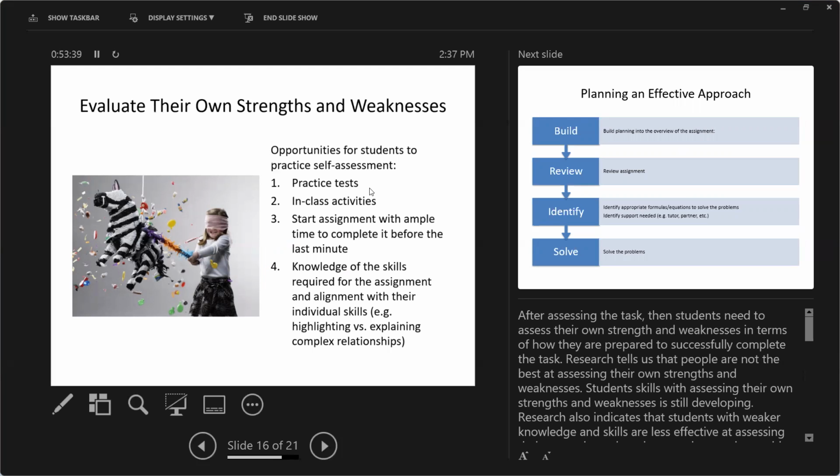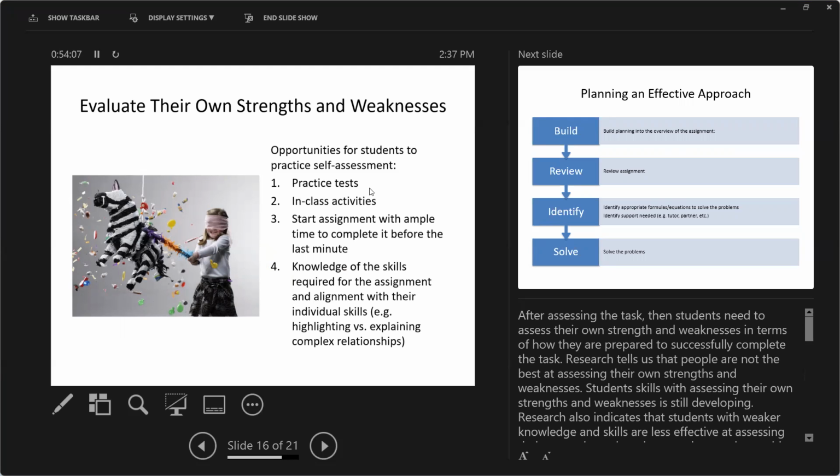The research shows us that students that are the most competent, knowledgeable and proficient in the topic or discipline that you're studying are more effective at assessing their own strengths and weaknesses.